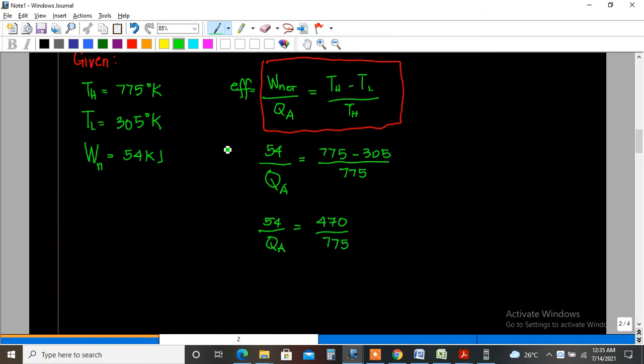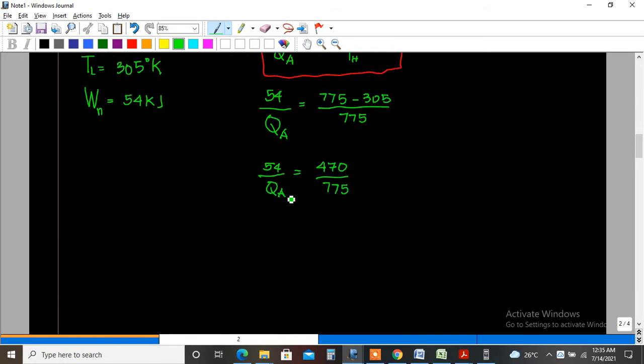So let's manipulate the formula again. Cross multiply. Therefore, QA is equal to 54 times 775 over 470.